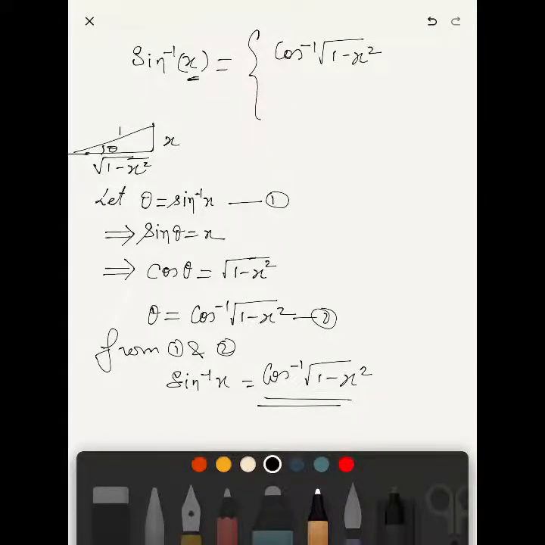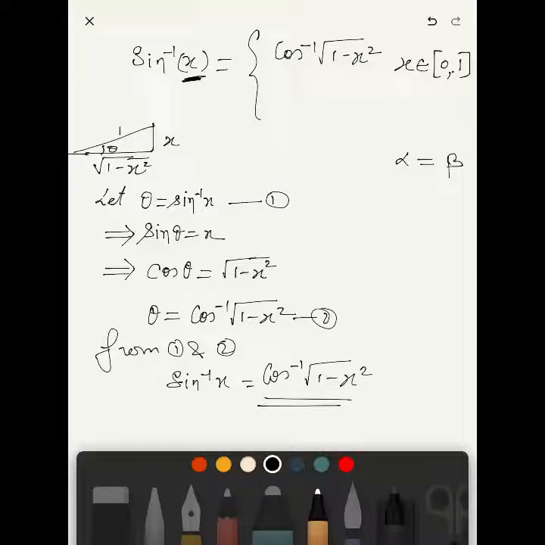This is for x belongs to, tell me, for x belongs to 0 to 1. Our domain in case of sine inverse x is from -1 to 1, right? So when x is positive, that is from 0 to 1, you can directly write this, because in this case alpha is equal to beta. We don't have any problem.